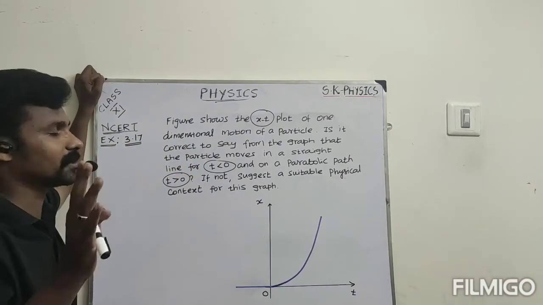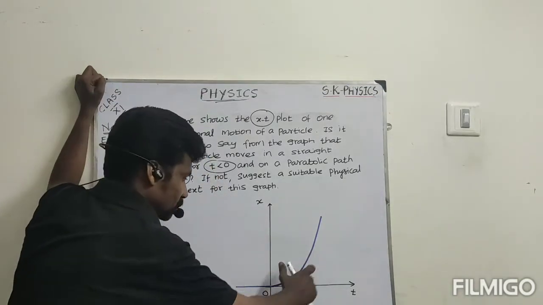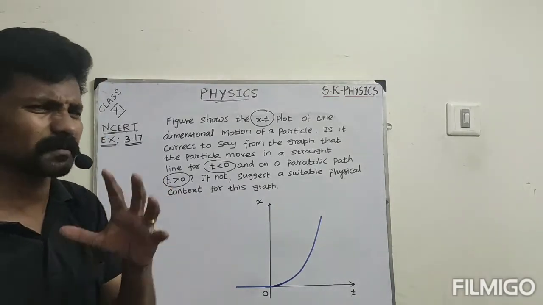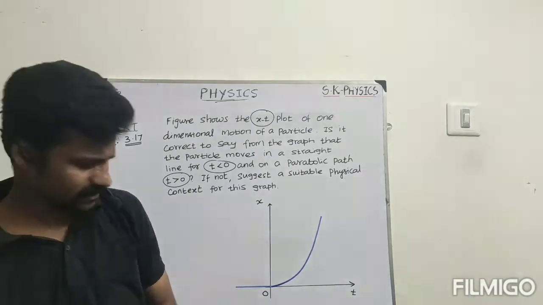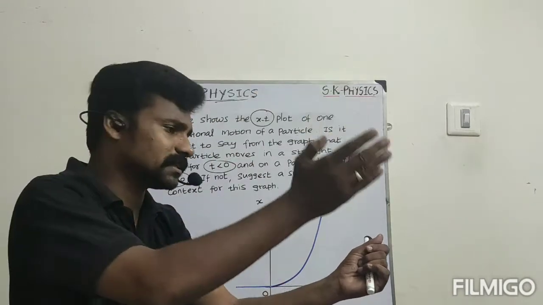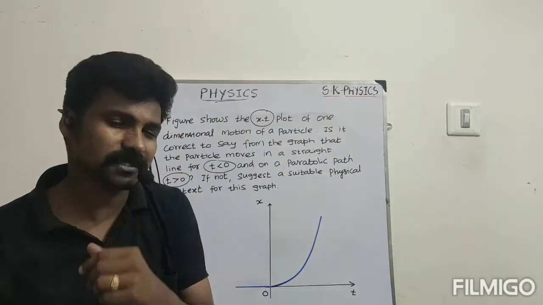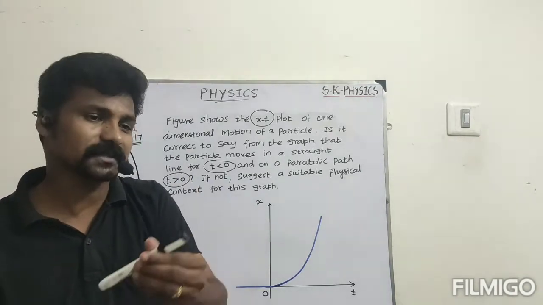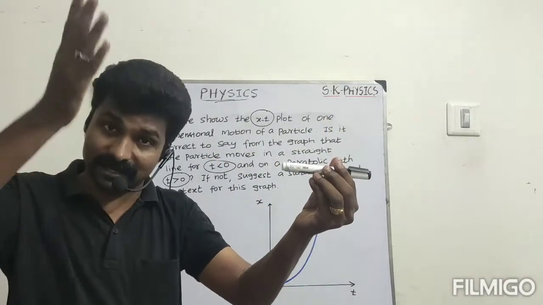Okay, so whether this is the motion of the particle or not. Generally the motion of the particle, parabolic means what? For example, now I throw this object, it is moving on this path, it's a parabolic path. It is like a projectile motion. So generally in projectile motion, if you observe, the variation is in the x-axis as well as in the y-axis.